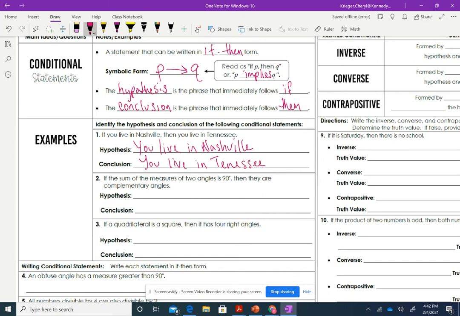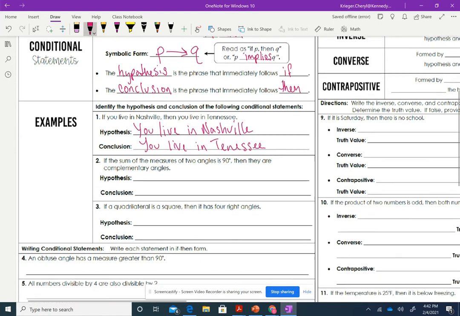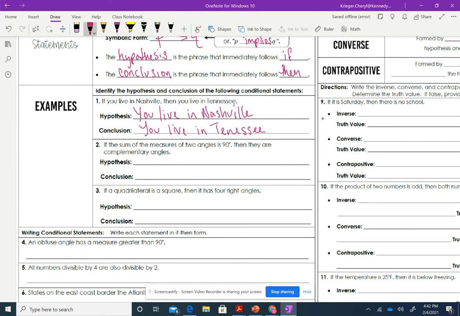Number 3: if a quadrilateral is a square is the hypothesis, and the conclusion would be it has 4 right angles.